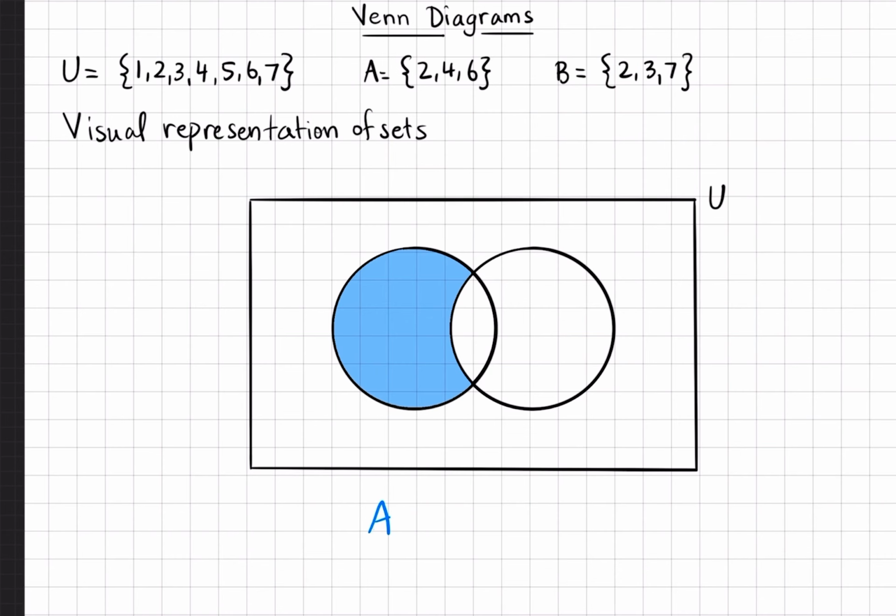And then what else can I mention here? What else can I talk about? If I look at everything that is not B, right? Everything that is not B, or the complement of B, is A, correct?